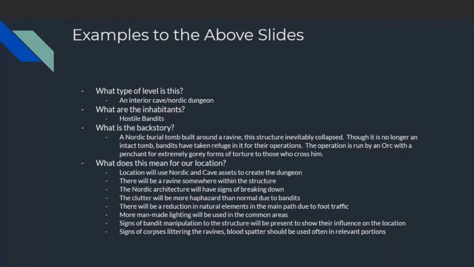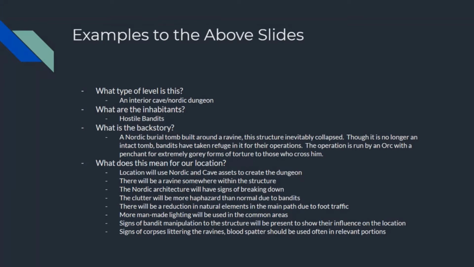Because we have bandits owning the location now, you're going to see a lot less natural lighting in certain areas, unless it's not frequented by bandits. So for the main path, you'd be talking more about man-made lights: torches, campfires, bonfires. If you have mages there, you might be using some mage light spells.